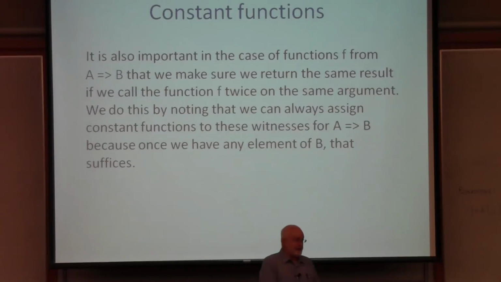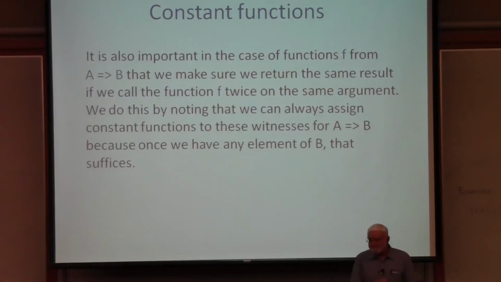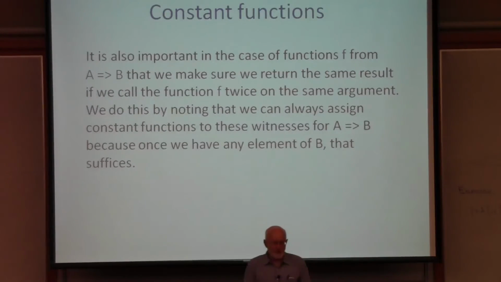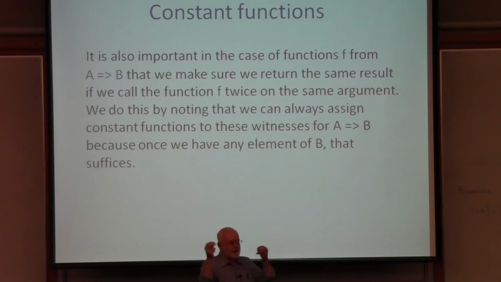Okay, but here's another thing, and the challenge problem I'm going to have for you at the end deals with this. How do you know, when you're applying this function on different arguments, maybe you're going to have two arguments that are actually equal, but you can't see this? So you've got to make sure that if the function is applied to equal arguments, it's going to give you the same value.